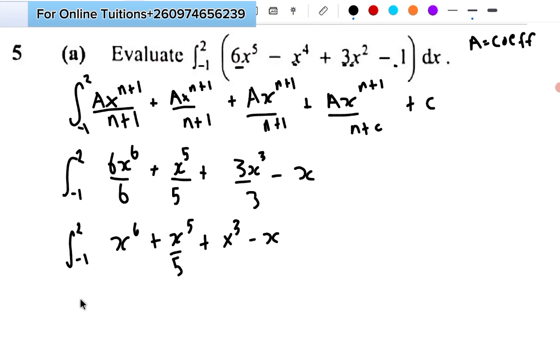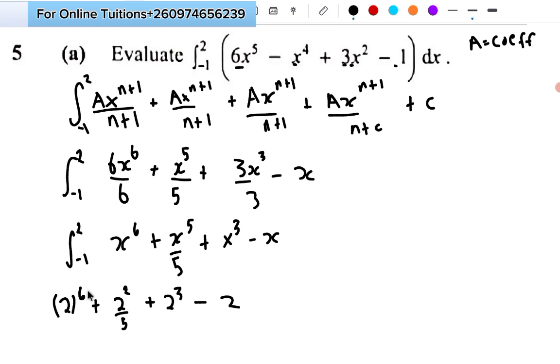So it's going to be 2 to the power 6, plus again 2 to the power 5 over 5, then plus 2 to the power 3, minus 2, just replacing 2 wherever there's x.